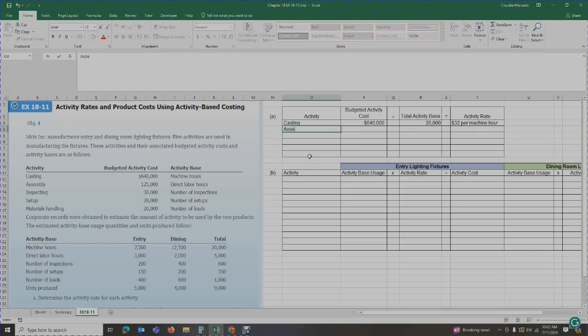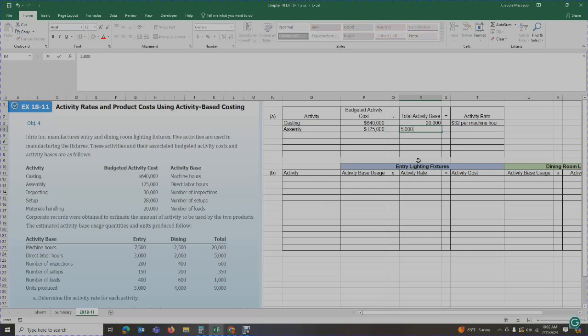For assembly, we budgeted $125,000, and we're going to divide that by the activity base. For the assembly, we are using direct labor hours. This activity is done by individuals, and we are expecting to have 5,000 direct labor hours.